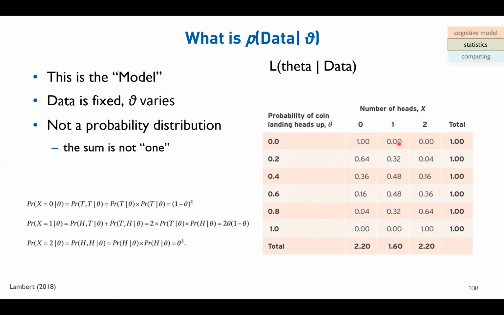Maximum likelihood means you go through this column and find where the maximum number is. In this case, the maximum is 0.48 and 0.48, where theta corresponds to 0.4 and 0.6.